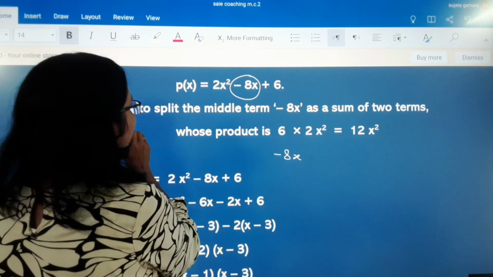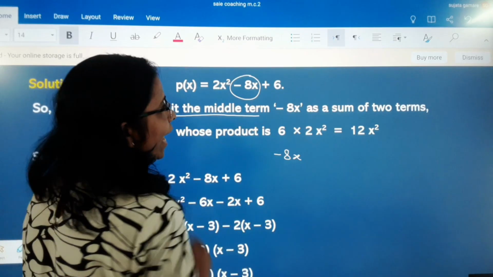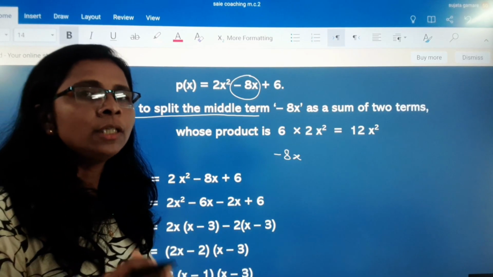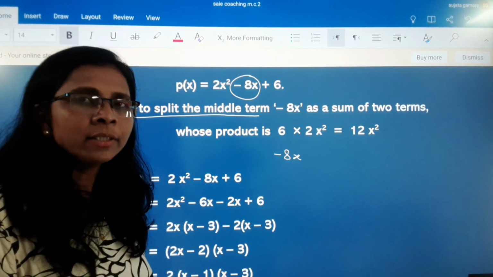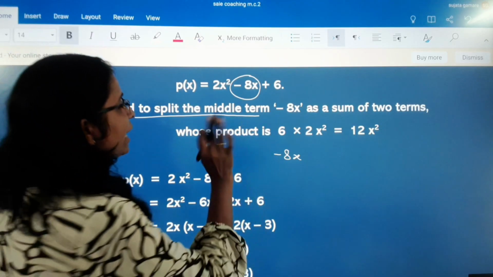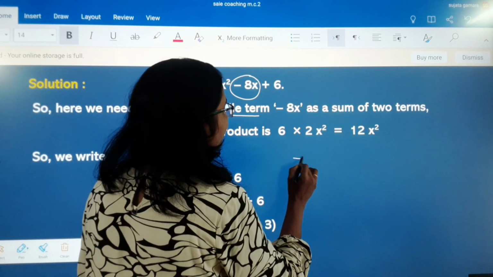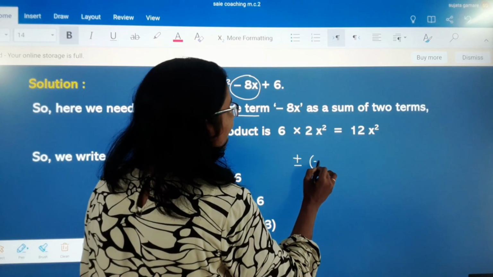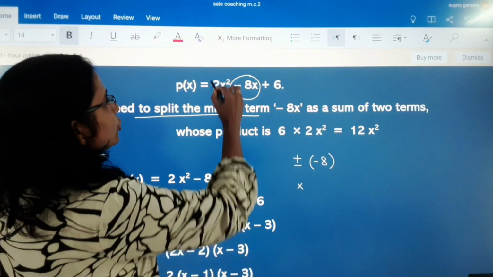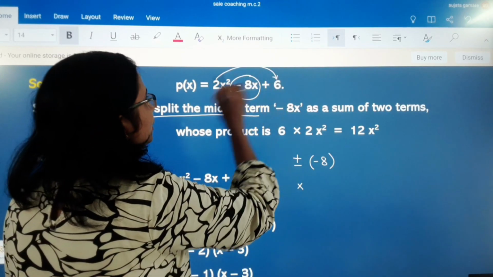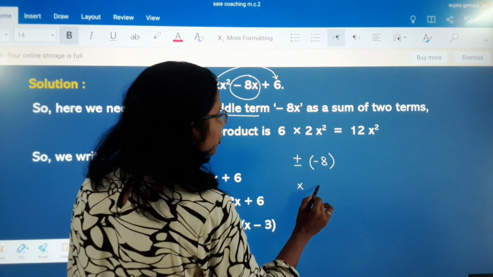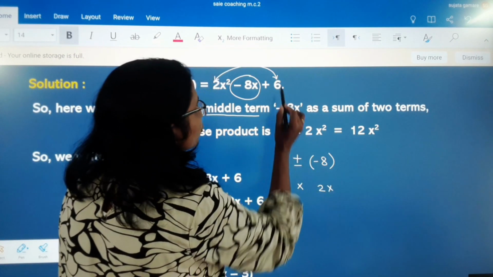So that's why we split the middle term as a sum of two numbers. We want two numbers such that their addition or subtraction may be minus 8, but their product should be the product of the coefficient of x square and the constant.